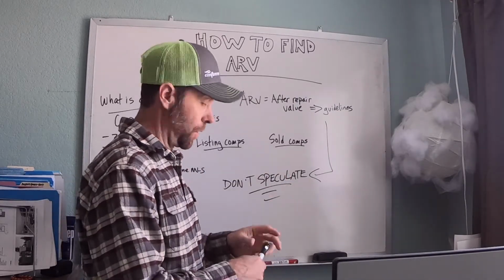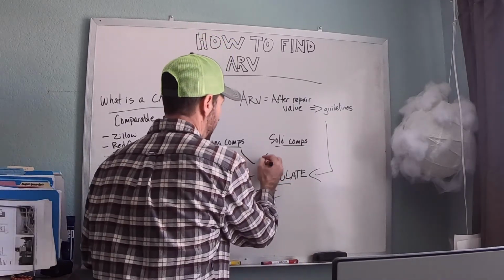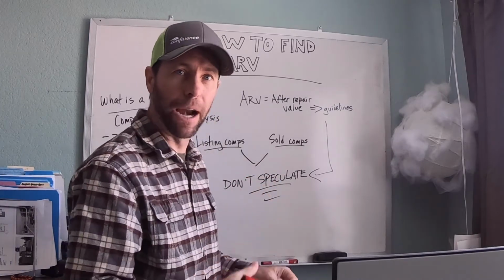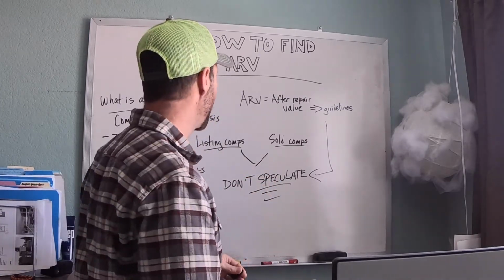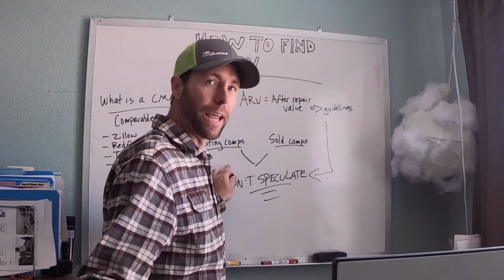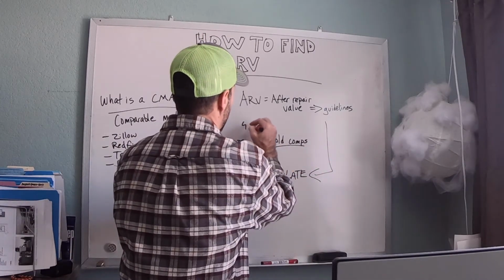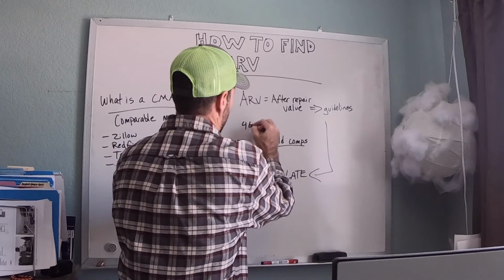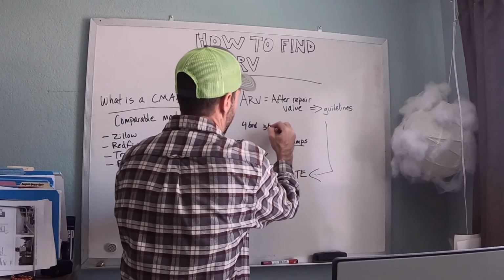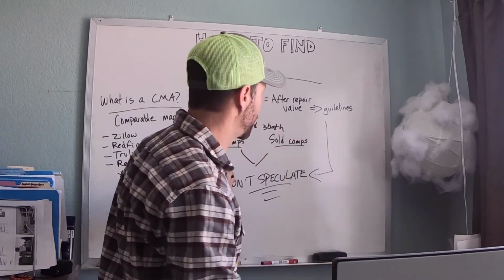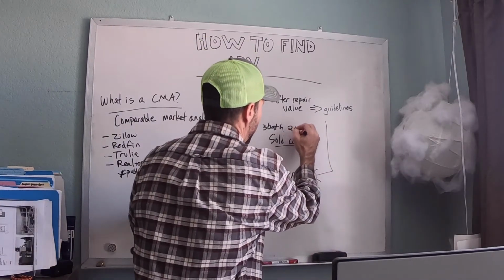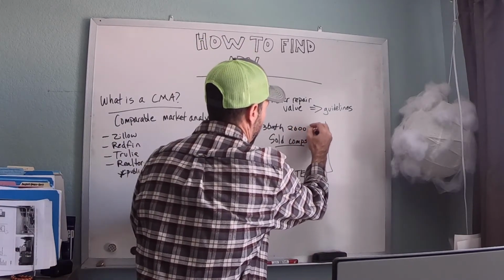Keeping in mind, when you do both of these, you have to make sure you're comparing like-kind property. What I mean by that is, for our example, we're going to say this is going to be a 4-bedroom and 3-bath house. We're going to say it's 2,600 finished square feet, okay?